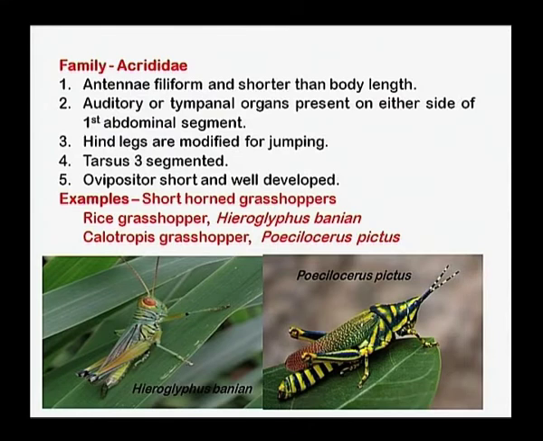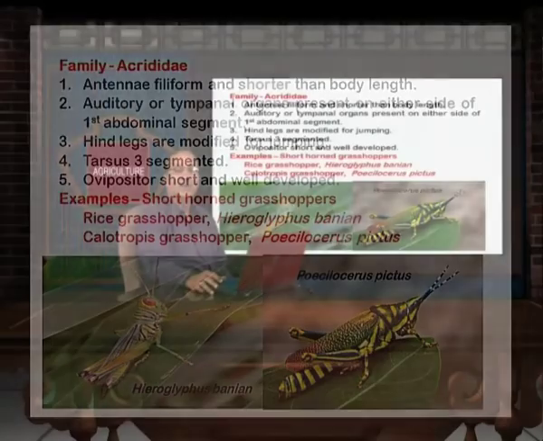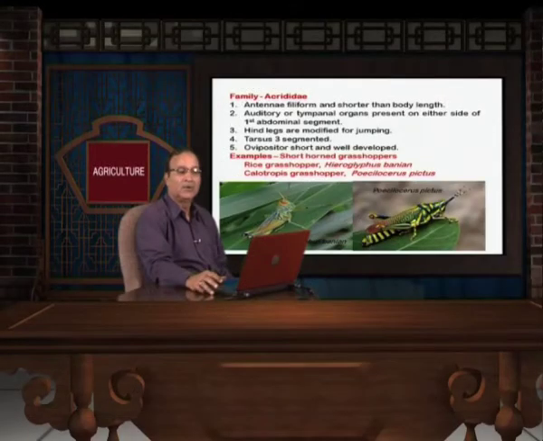First, Acridiidae. The characters of Acridiidae include filiform antennae, and these antennae are shorter than their body length. Auditory organs, or the tympanal organs, are present on either side of the first abdominal segment. It means the auditory organs are present on the first abdominal segment.